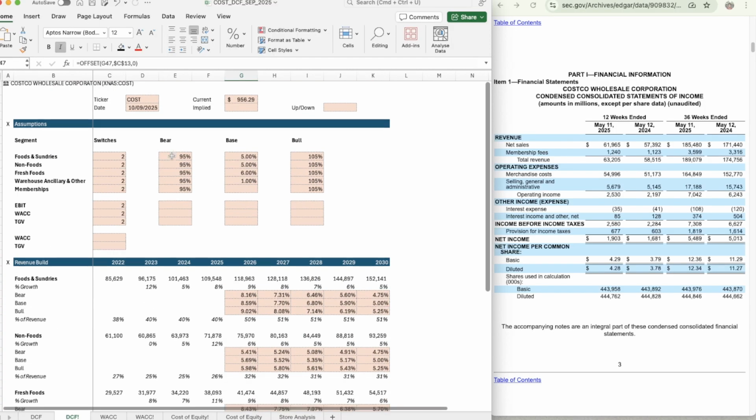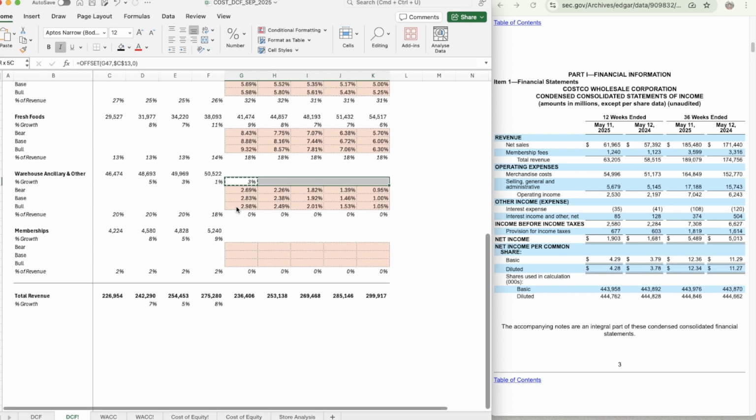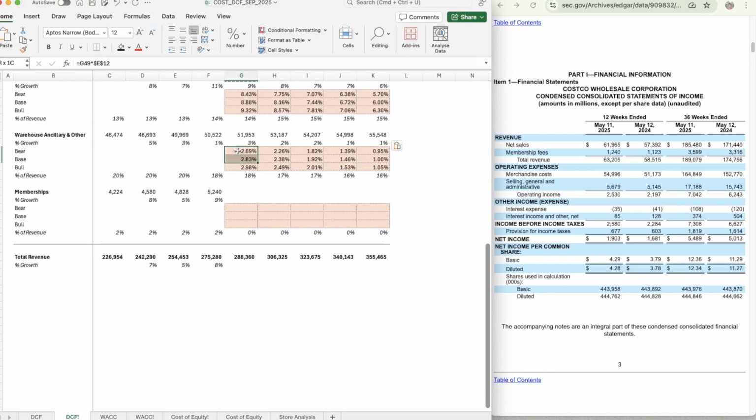Is that right? Yeah. Yeah, we're all good. And again, just copy from above and it will adjust nicely for you there. Perfect.